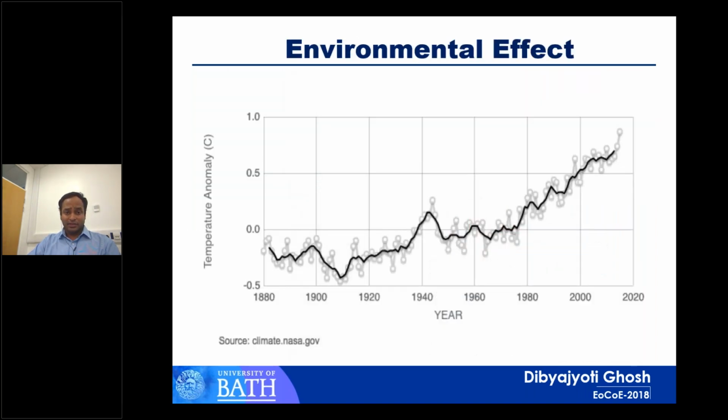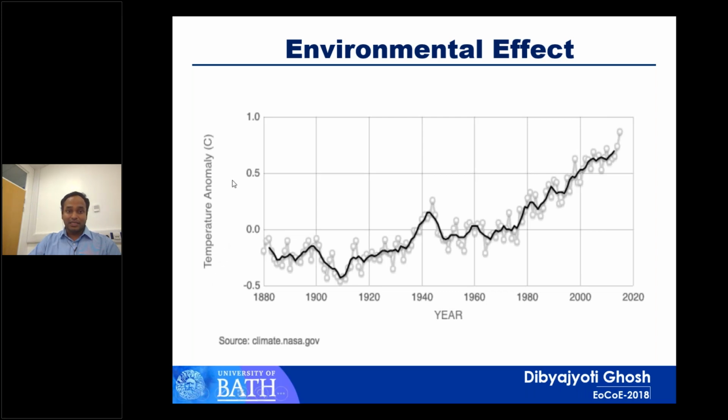Not only the shortage of these sources, we also have a problem regarding the environmental effect. When we burn these fossil fuels, we generate CO2, which increases the temperature of the atmosphere. So we have an environmental problem also.